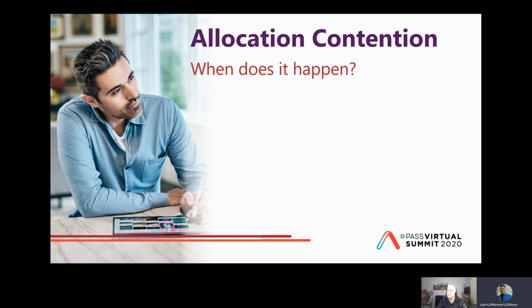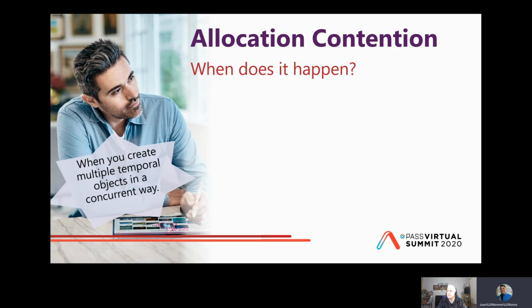So when does it happen? You will see allocation contention when you create multiple temporary objects, such as the temporary tables that we have created, in a concurrent way. And that is the main point. We need concurrency to have allocation contention. Otherwise, you will not see it.